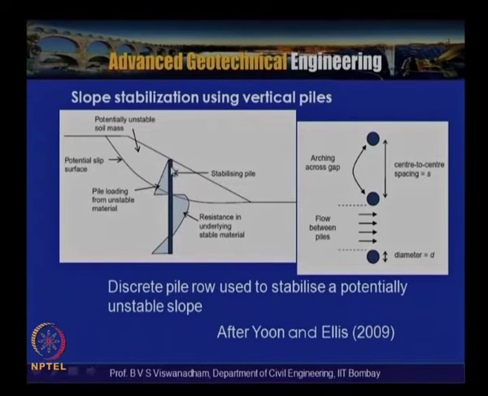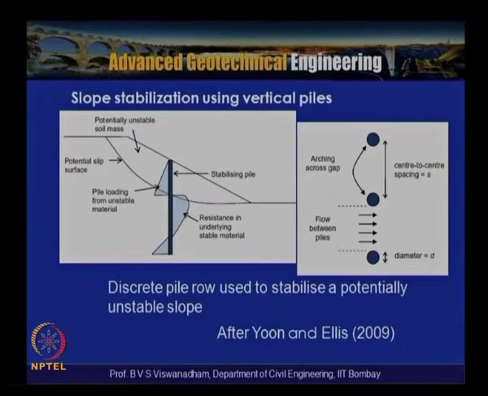If the piles are located at a distance s from center to center, the material flows between the piles, and if the piles are close enough, there is a possibility that arching can develop. Arching is nothing but the transfer of loads from the yielding portion to the non-yielding portions. Arching across the gap develops in a way that the piles become active in supporting or restraining the unstable soil mass.